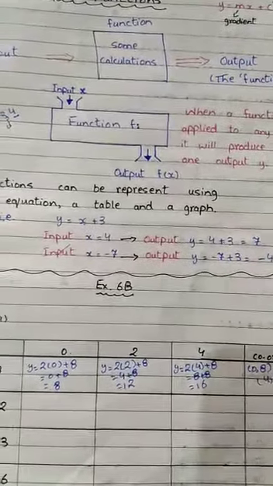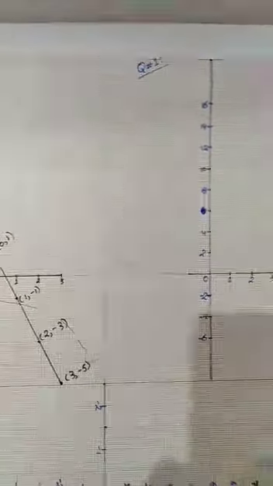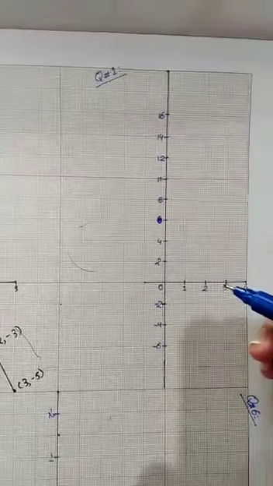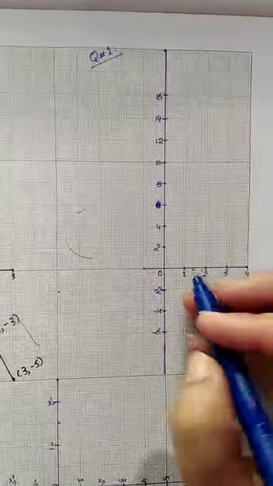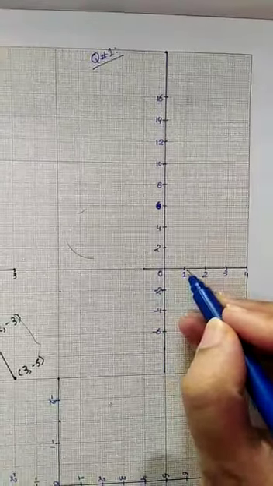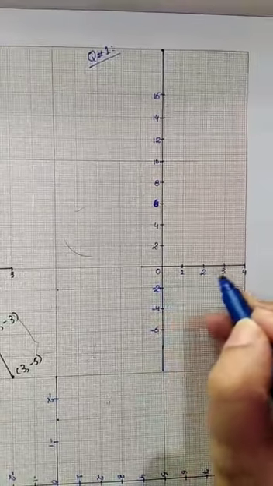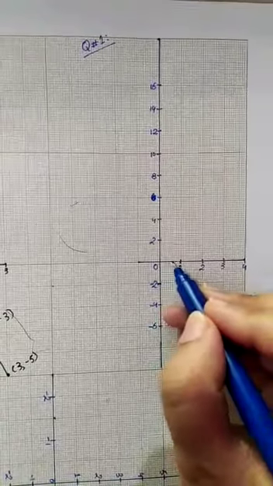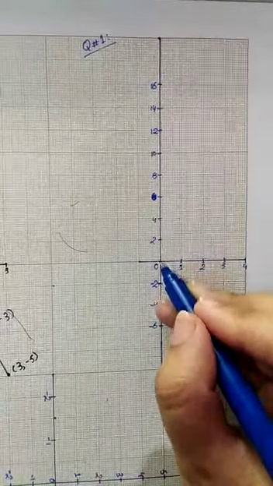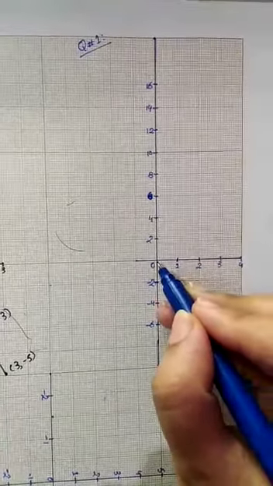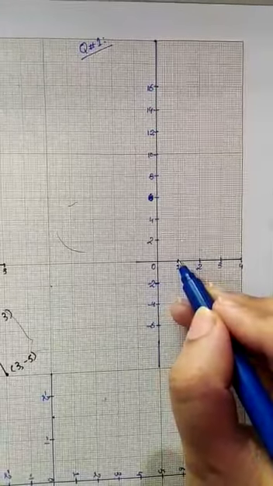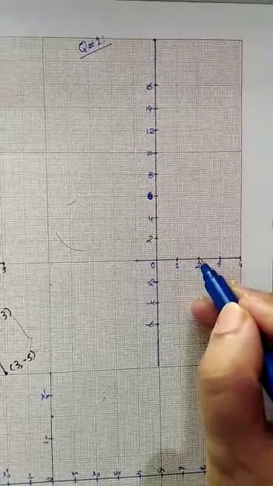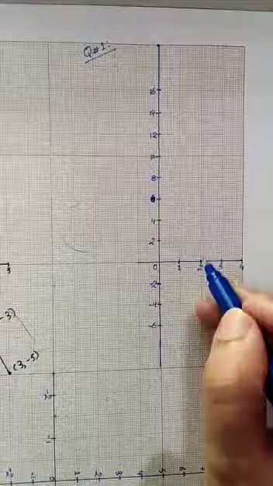So how will you draw the first function on graph paper? Okay, in the statement it is given that we take 1 centimeter to 1 unit on the x-axis. It means this complete block is 1 centimeter. Okay, so this is 1 unit difference of 1 centimeter, then again 1 unit difference of 1 centimeter.